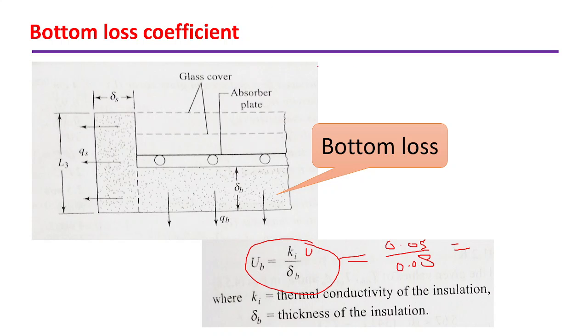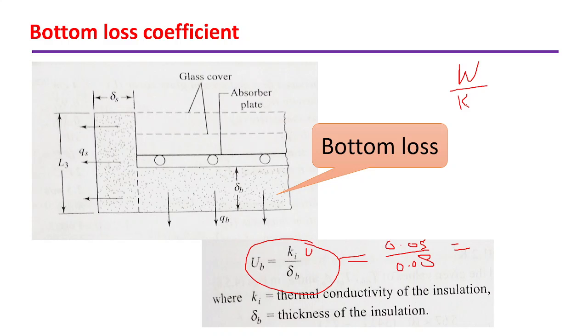No, see here. The formula was Ki upon delta B. What is the unit for the Ki? Watt per Kelvin.